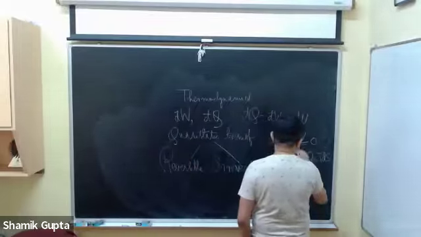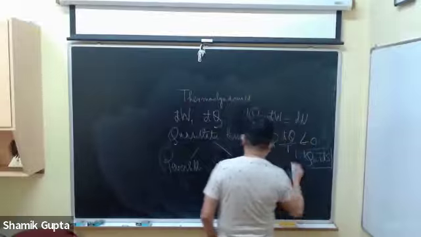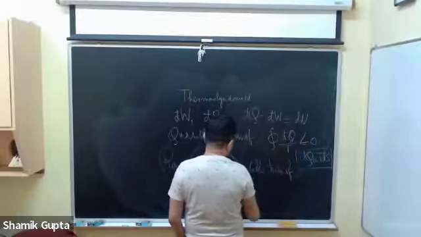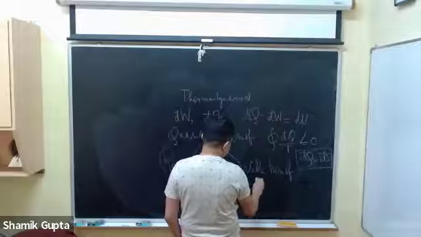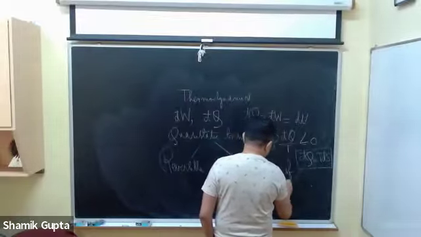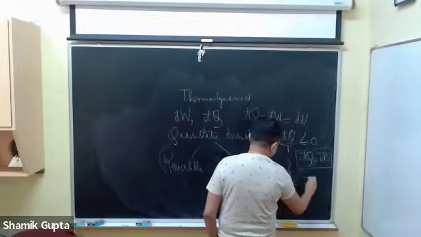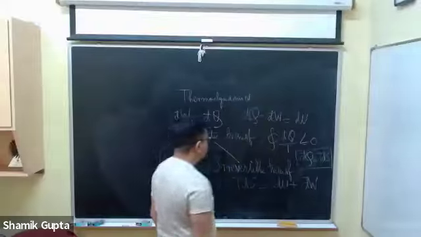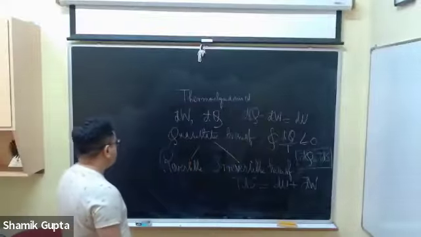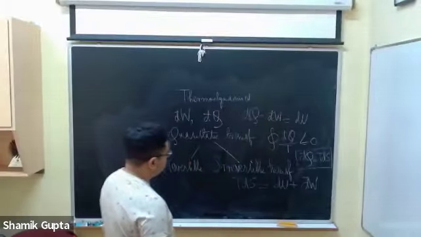So this is what we learned in thermodynamics, and combining this and that, we learned that TdS is equal to dU plus đW.